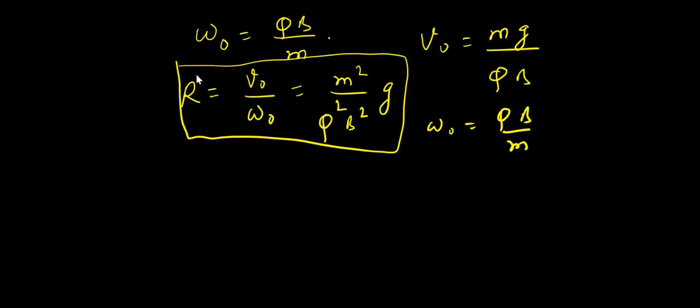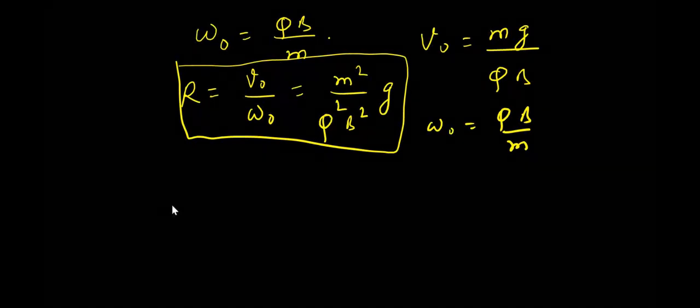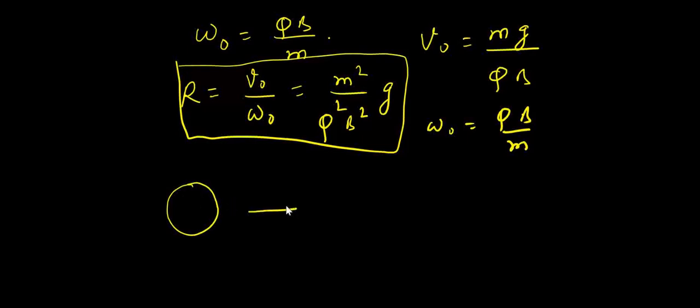And if you visualize the motion from the laboratory frame, basically the motion of the charged particle is a superposition of uniform circular motion with velocity v naught, and our observer and the coordinate frame is moving with velocity v naught.